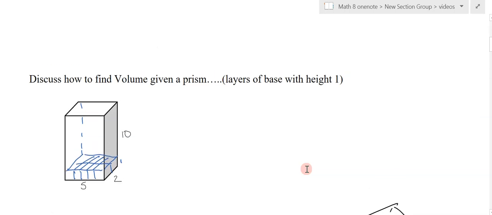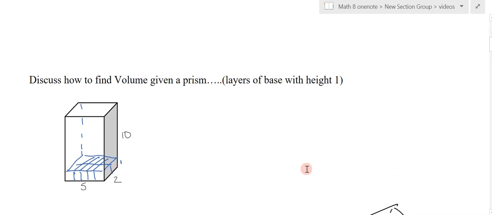So here's a rectangular-based prism. My base of this prism is 5 by 2, or in other words, if I was to look at the bottom, there would be 10 square units covering the bottom. If I add a 1 unit height to all of those squares, I now have 10 cubes that create the first layer.